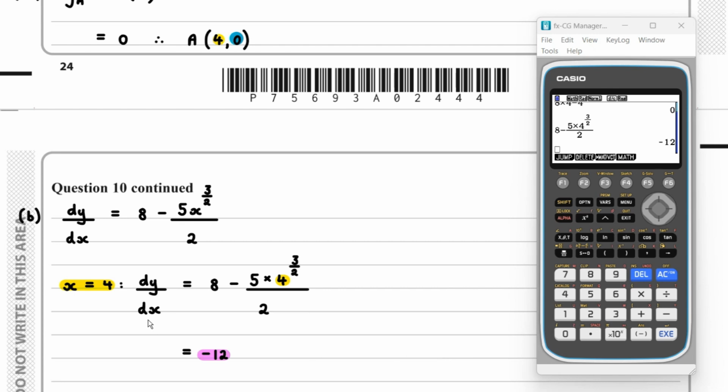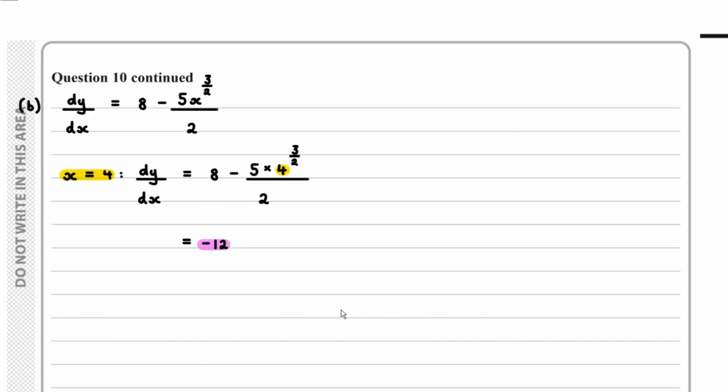So dy over dx is equal to negative 12 when x equals 4. Now we know the coordinates of A are 4, 0, so we can find the equation of the tangent. So we have y subtract 0 equals negative 12 multiplied by x subtract 4. And if I simplify, we end up with 12x plus y equals 48.